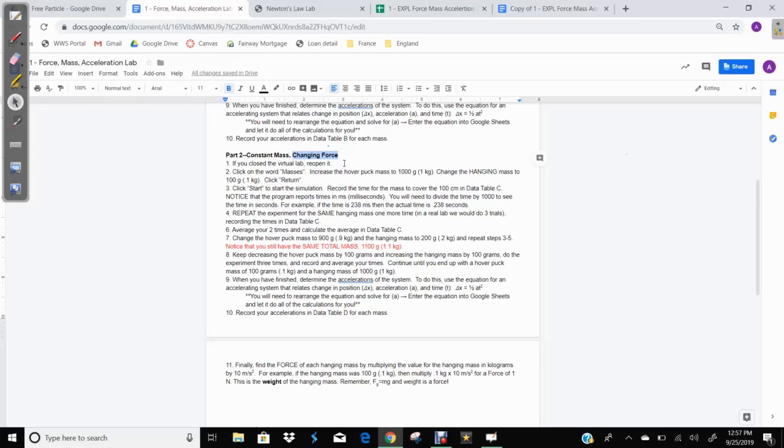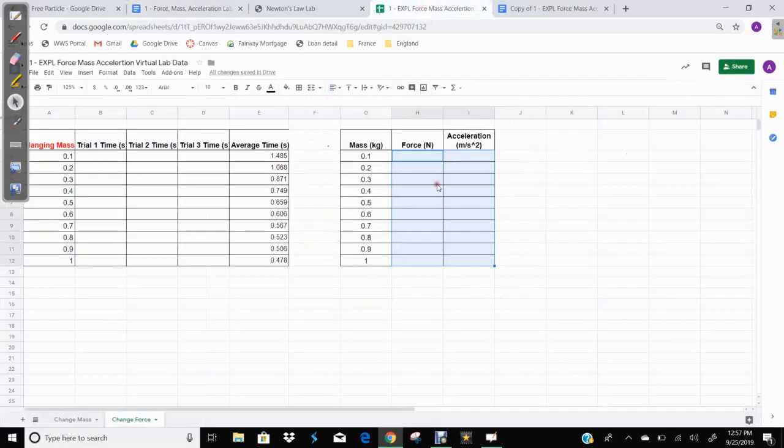So you'll want to run through that real quick and then maybe come back to the video, and I'm going to go through that. This time we've been changing the hanging mass, which is changing the force. So once you have your times over here, we'll need that for acceleration again. The force is really asking you for the weight of the hanging mass. So since the mass is 0.1 kilograms, remember that weight, Fg, is equal to mass times the acceleration due to gravity.